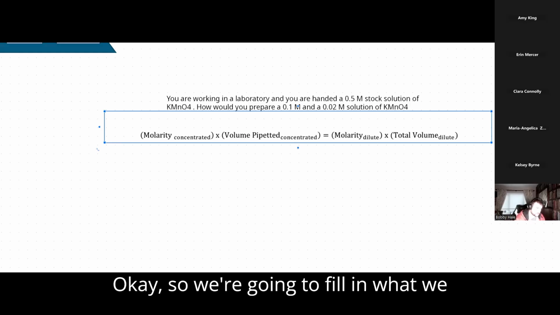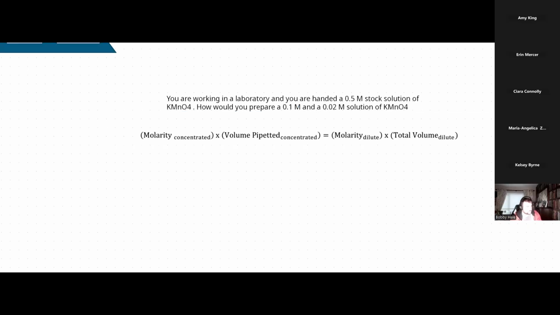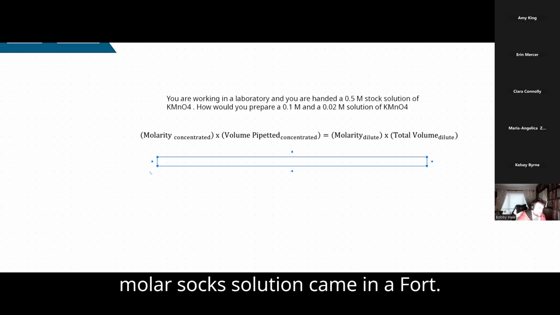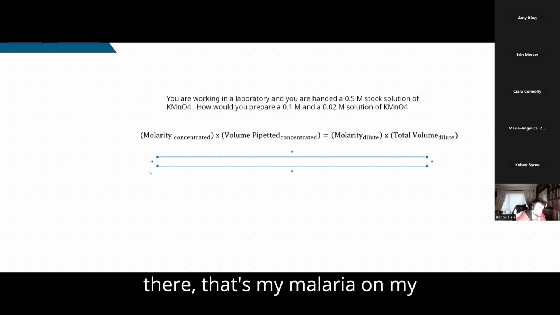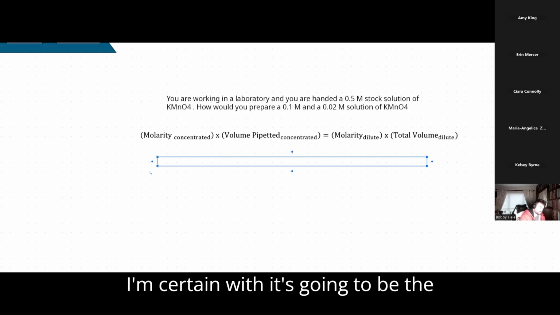Okay, so we're going to fill in what we know here. In this case, we're working with a 0.5 molar stock solution of KMnO4. The 0.5 molar that's listed there is the molarity of my concentrated solution, because that's the solution I'm starting with.